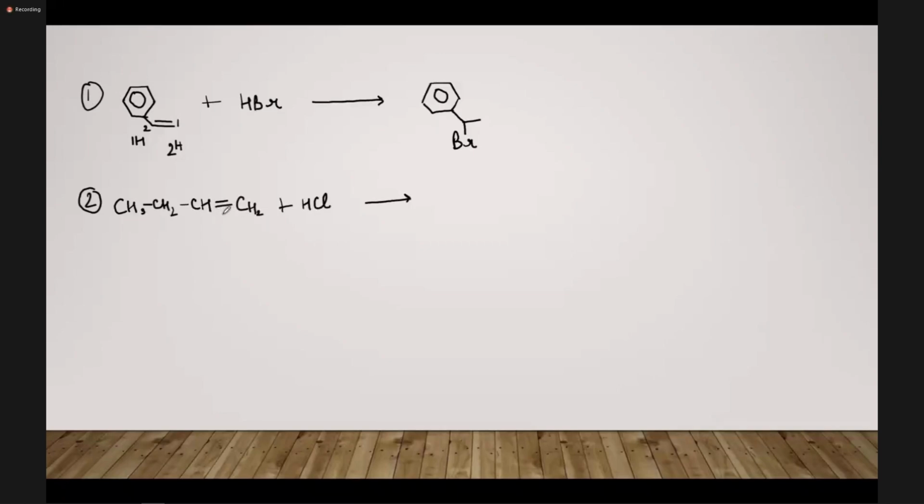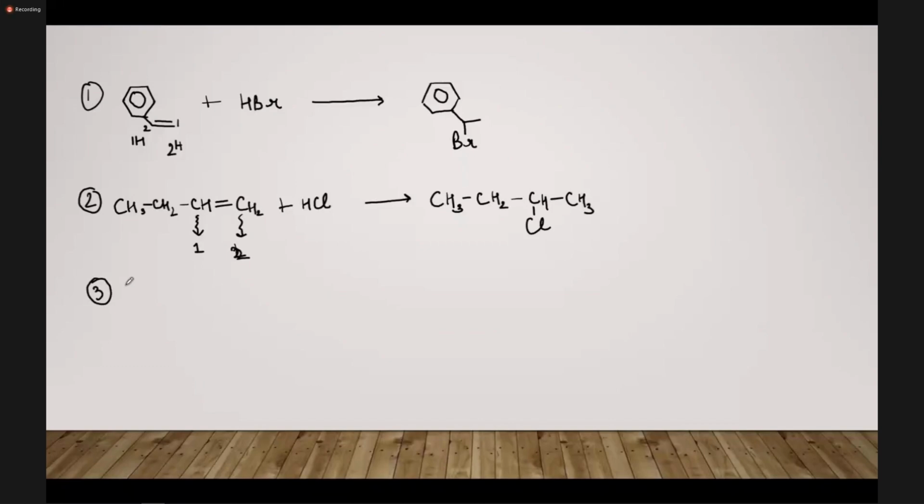This one also you will have to apply the Markovnikov's rule. So again, when we are counting, this carbon will have one hydrogen and this carbon has two hydrogens. Fine. So again, the compound will look like Cl will be here and here it will be CH2. Okay.